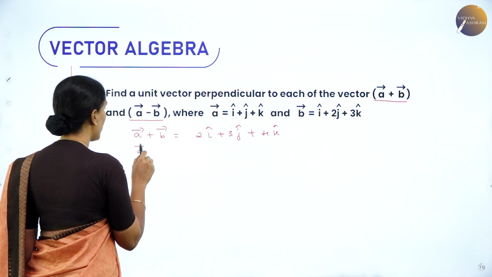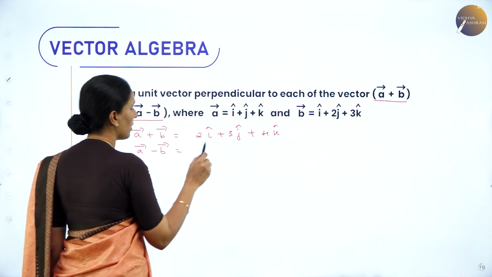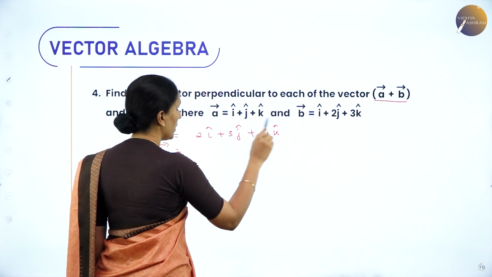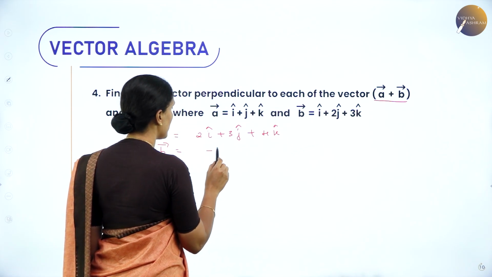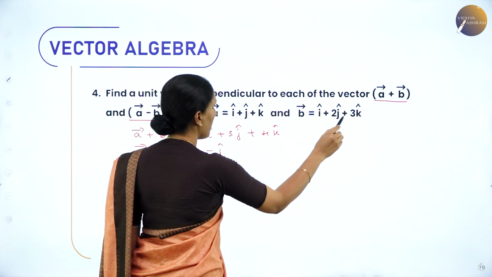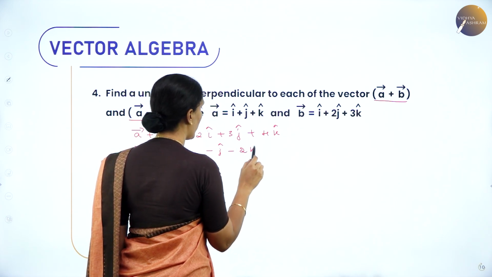And vector A minus B is equal to i minus i, 0, j minus 2j is minus j, and k minus 3k is minus 2k.